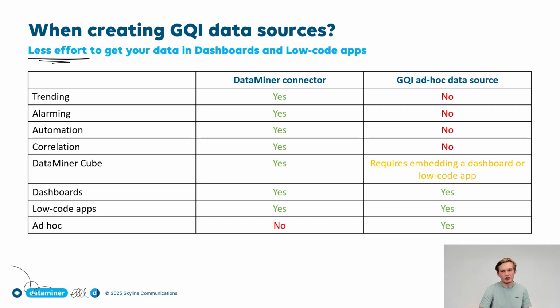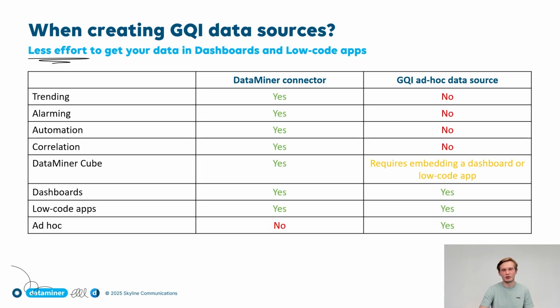So why would you use one? People that have used DataMiner a lot might say, well, we already have a system that allows us to create our own quote-unquote data sources, being the DataMiner connector. And that's correct, but there is a big advantage to ad hoc data sources for certain applications, being that it is ad hoc.